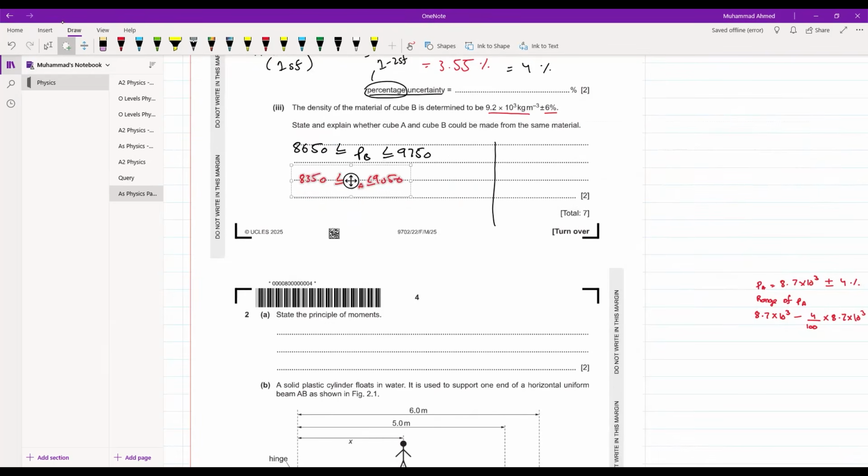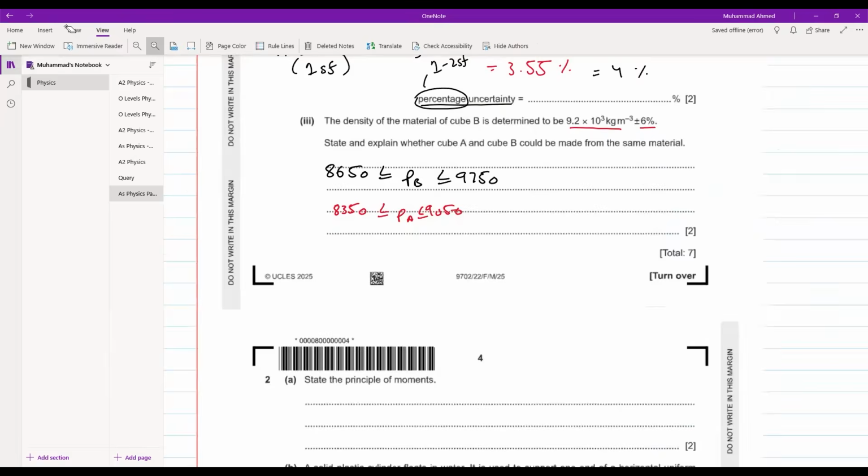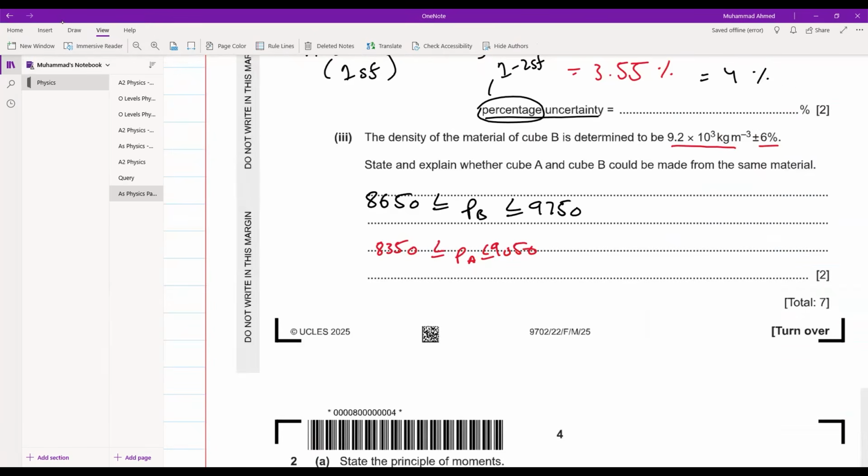These are the ranges of the densities of both cubes. Can you see they are overlapping?